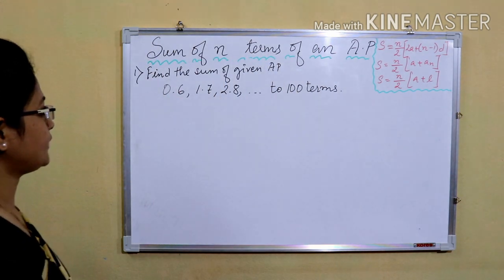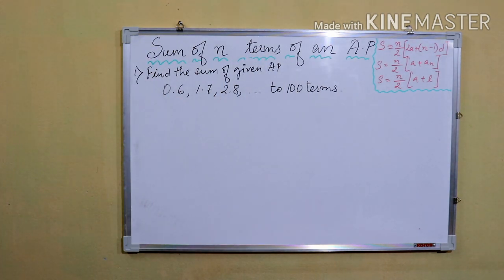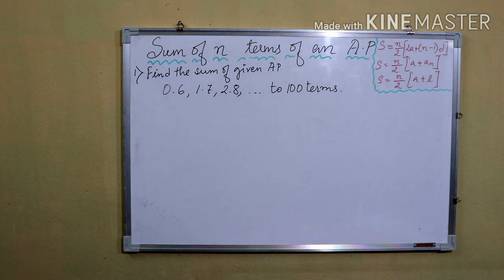The first question I have taken here: find the sum of the given AP 0.6, 1.7, 2.8 to 100 terms. 100 terms, that means in this case it is n.